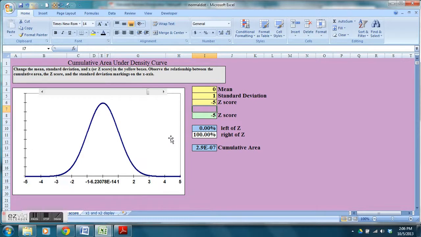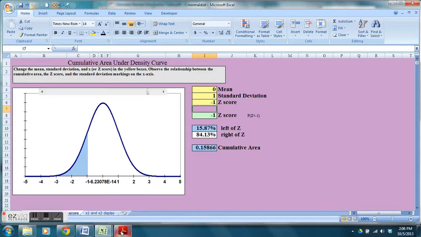Now, I'm interested in the probability that z will be less than -1. So find -1 right here and shade everything to the left of that. Shade everything we're interested in. There we go, that's what we're looking for.